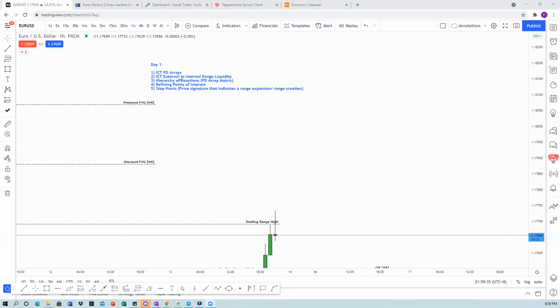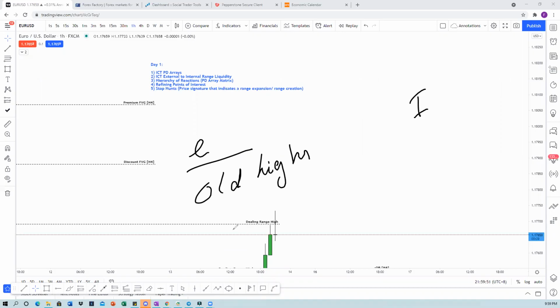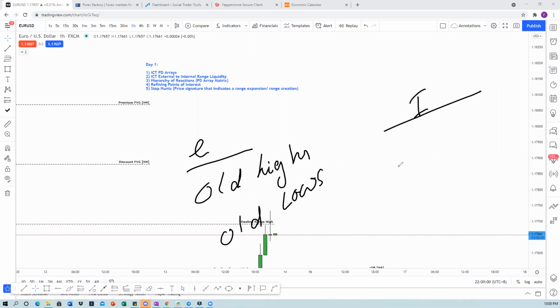In terms of the normal external to internal range liquidity, we know that external range, denoted by E, and internal range, denoted by I. The external range is the old highs and the old lows, and the internal range would be the order blocks.